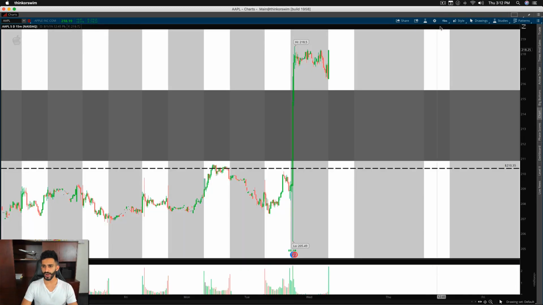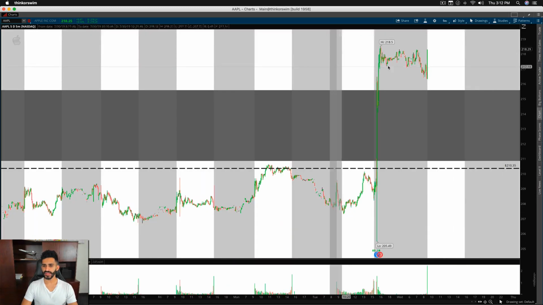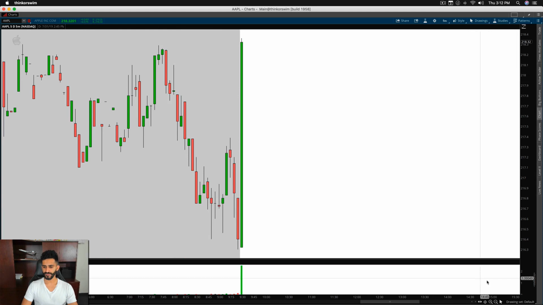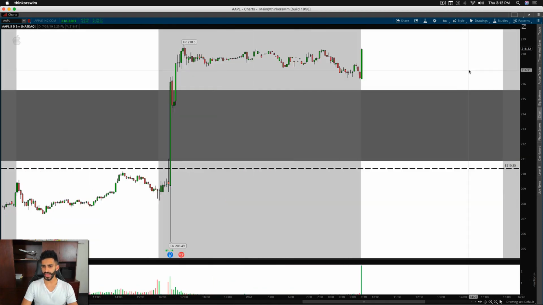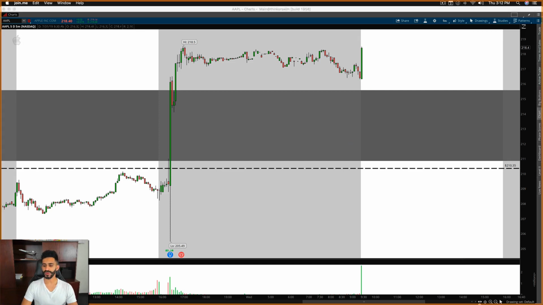Now, the tricky part, as I mentioned, is today is the FOMC meeting. The Feds have a meeting. Now, usually, and I'll break this down more, when the Feds have a meeting, that day the market is very shaky because everyone is waiting for their announcement, which happens at 2 p.m. Eastern Standard Time. Now, if that meeting didn't happen today, I would be able to recognize that, and I would trade this as a gap up play, and I would trade it on the open, and it could have been a very phenomenal trade.